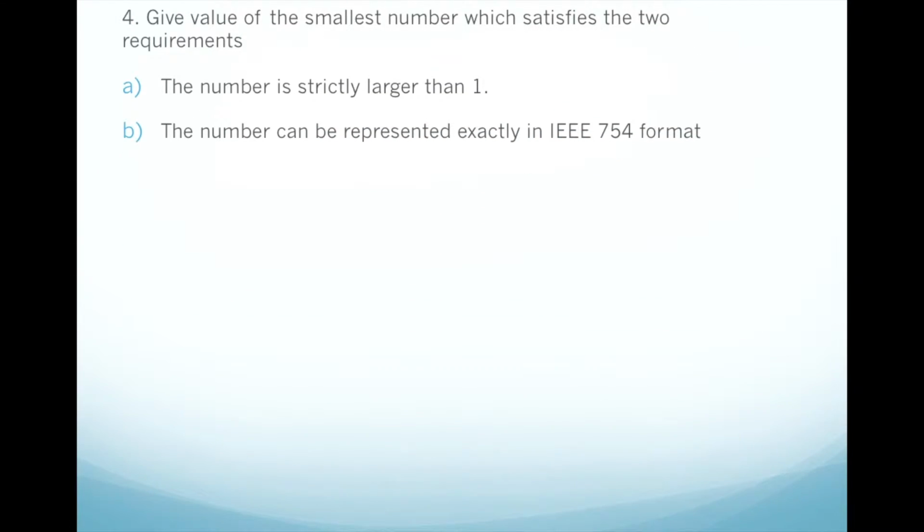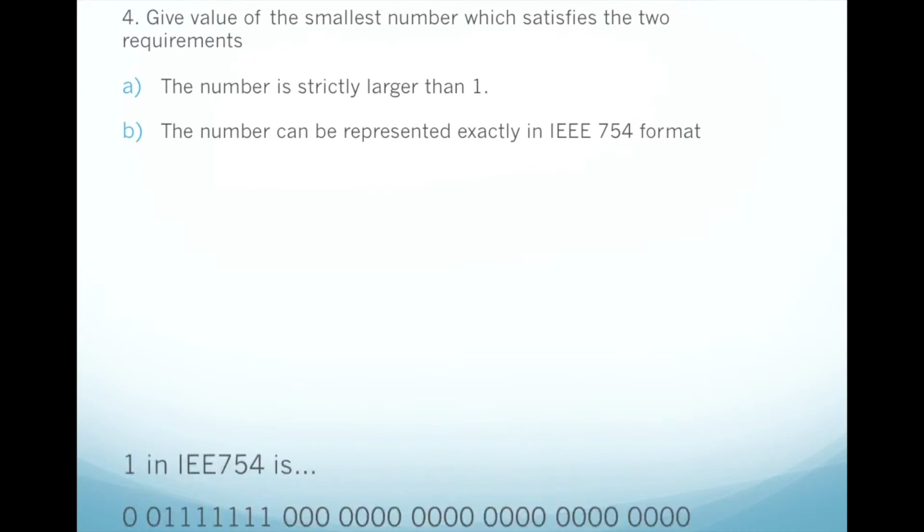Part 4 asks, give the value of the smallest number which satisfies the two requirements. Part A says the number is strictly larger than 1, and B says a number can be represented exactly in IEEE 754 format. So let's look at part A. It says a number is strictly larger than 1.